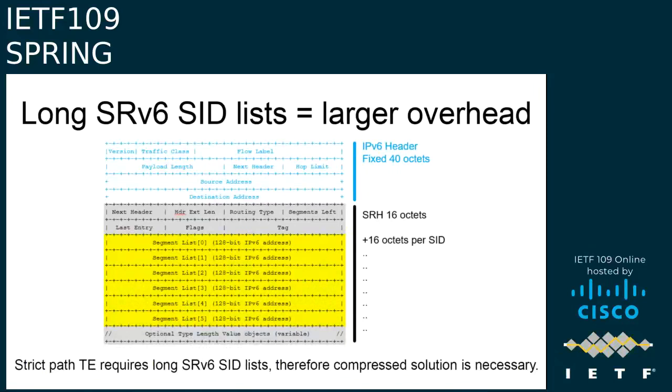There are several proposed methods to reduce the resulting SRv6 encapsulation size by compressing the SID list in the working group now. So I think some use cases have been provided in the working group already. Next page.